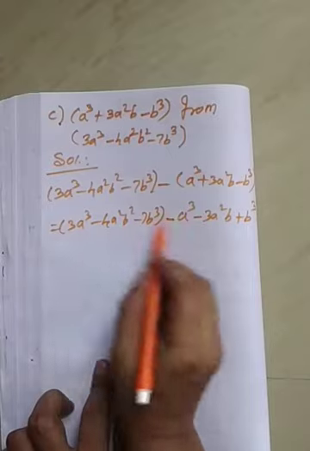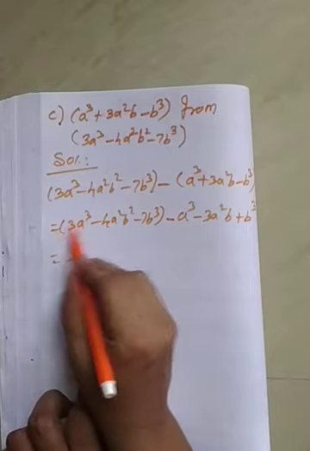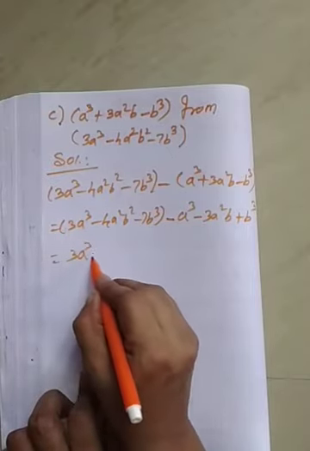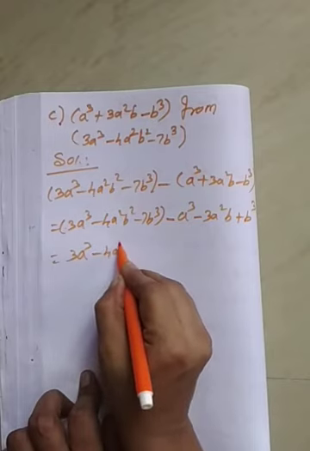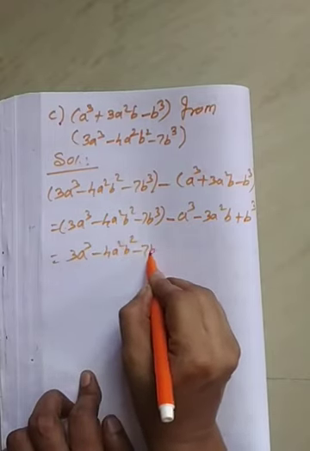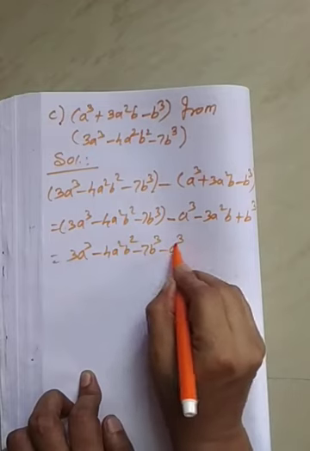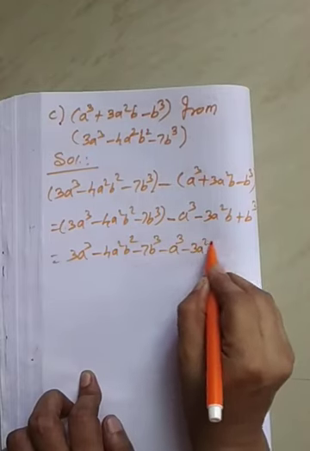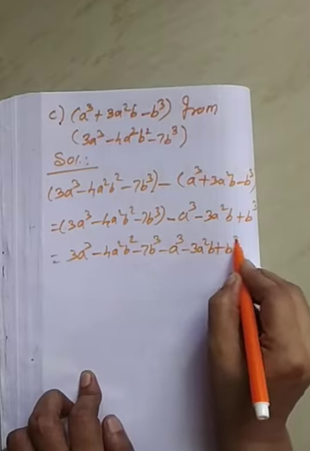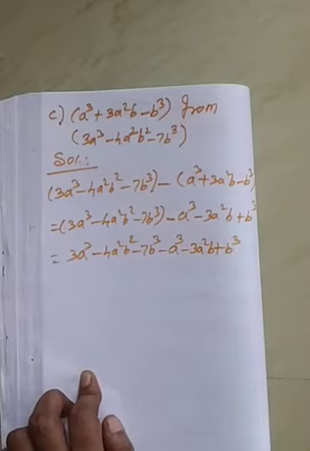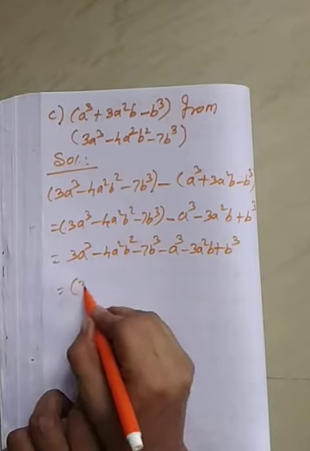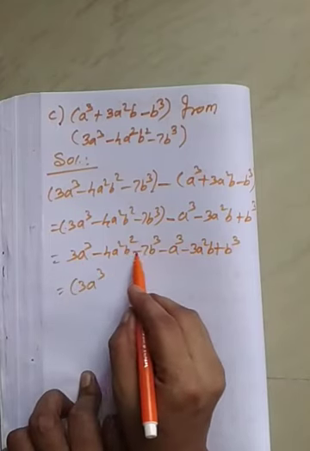Okay, now you have to remove the bracket. See here, no need for the bracket. See, 3a cube minus 4a squared b squared minus 7b cube minus a cube minus 3a squared b plus b cube. Okay, after that you have to arrange the terms. See here, 3a cube.